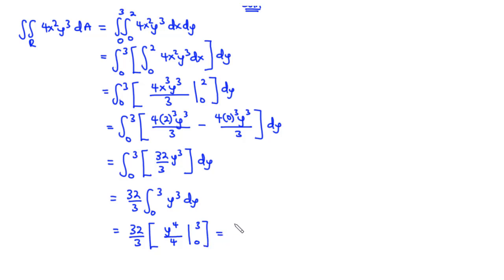Now this is equal to 8 divided by 3 on the outside, and then we input the upper limit in place of y here, so that we have 3 raised to the power 4 divided by 4 minus, we input the lower limit, so that we have 0 to the power 4 divided by 4. Now this is equal to 8 divided by 3 times, into bracket, this fraction goes to 0, so we are left with 3 exponent 4 divided by 4.